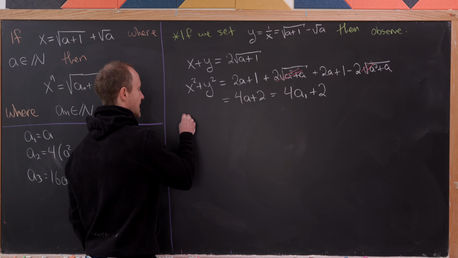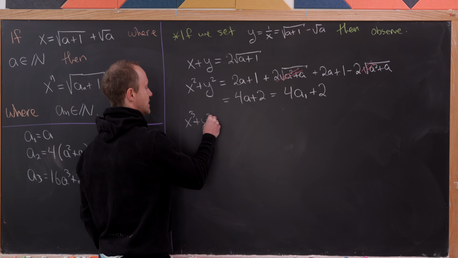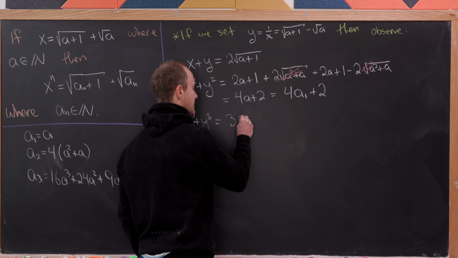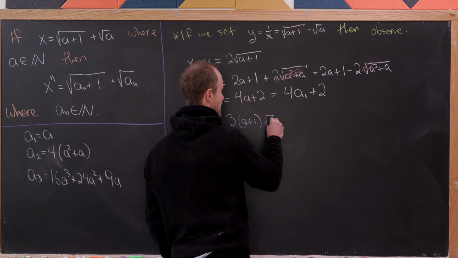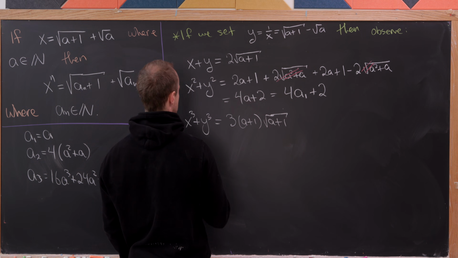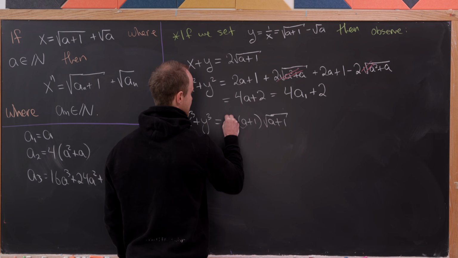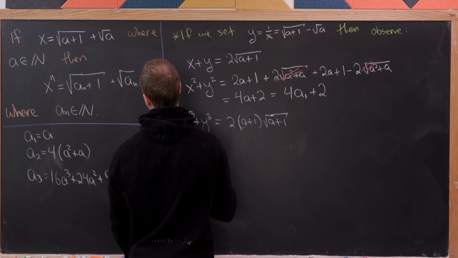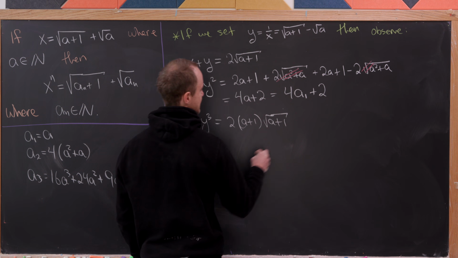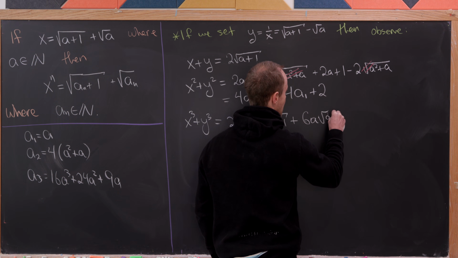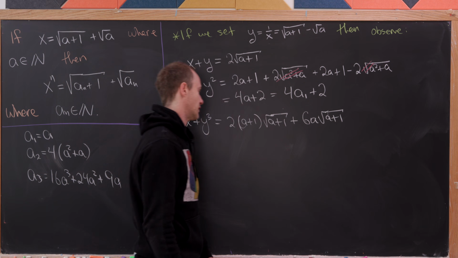And now let's look at x cubed plus y cubed. If you were to multiply this out, you would see that you get 3 times a plus 1 times the square root of a plus 1. Sorry, that should be 2 times a plus 1 times the square root of a plus 1. And then we'll also have plus 6 times a times the square root of a plus 1.